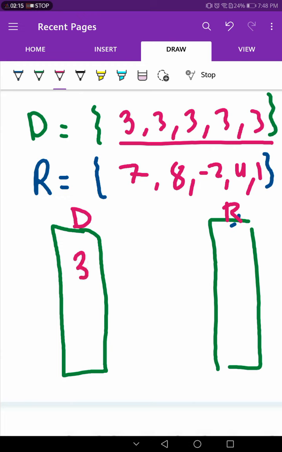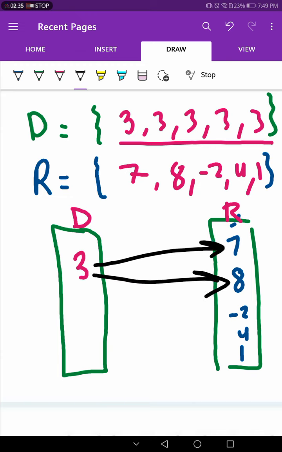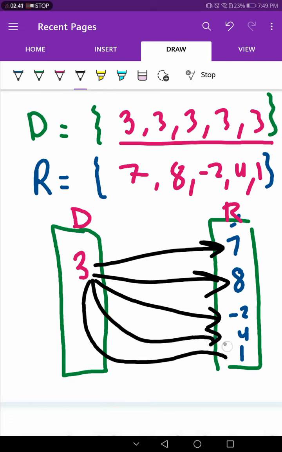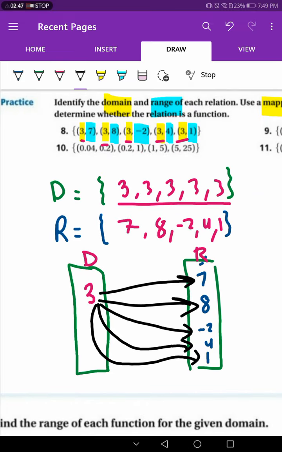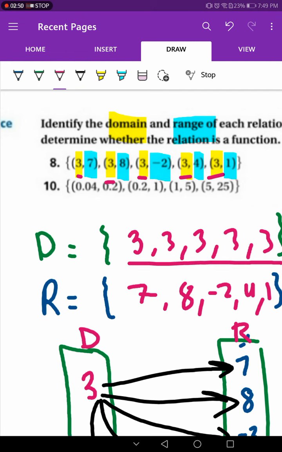And put the elements of the range, which is 7, 8, -2, 4 and 1, and connect between them. 3 is connected with 7, 8, -2, 4 and 1. And he asked me, is this relation a function? Actually no. Why? Because if we check the x-axis here, it has a repeated number, which is the 3.